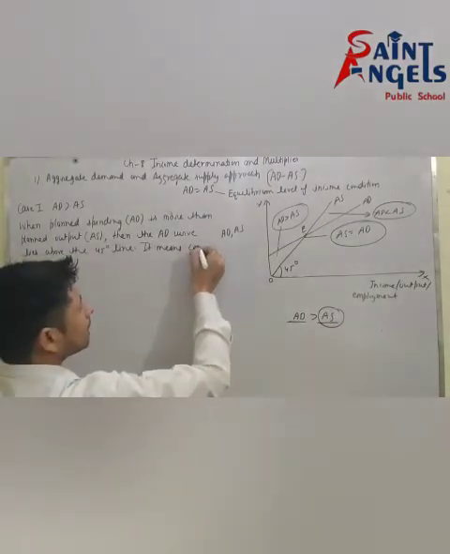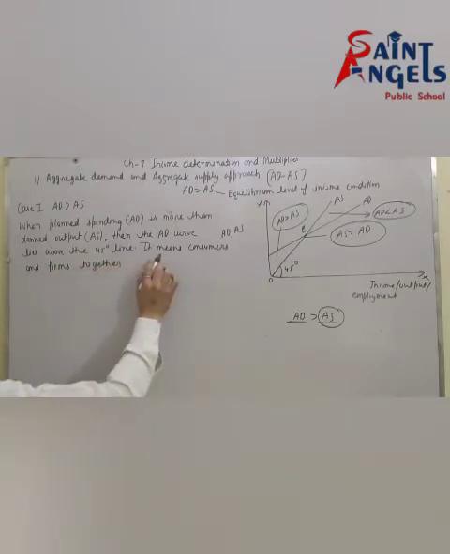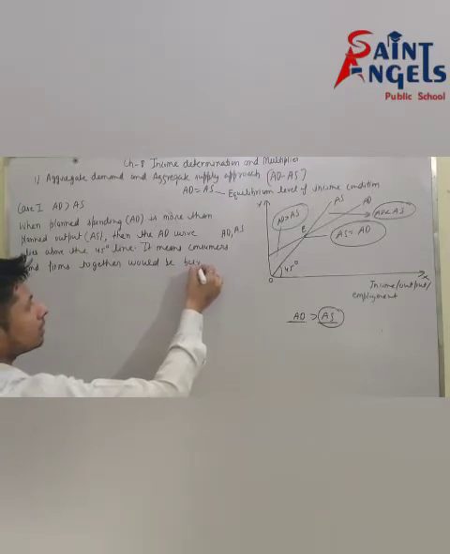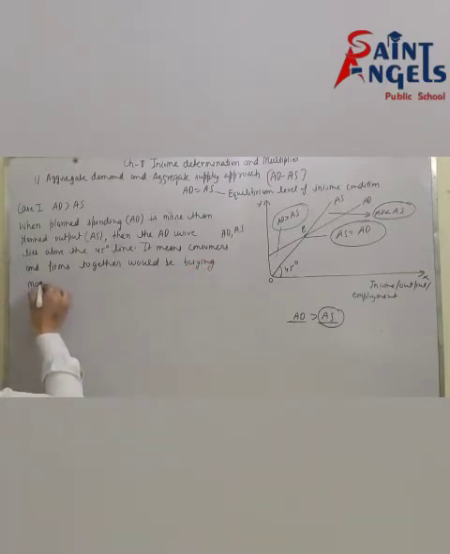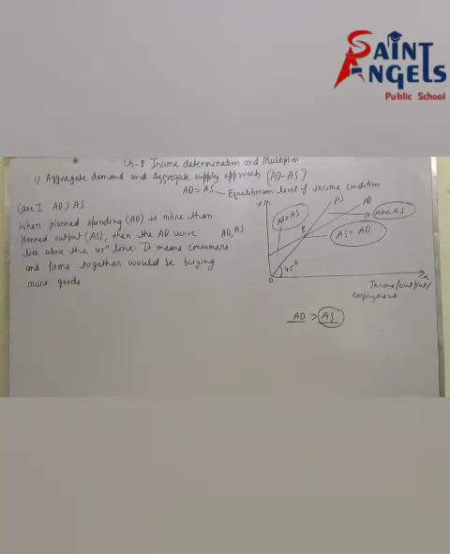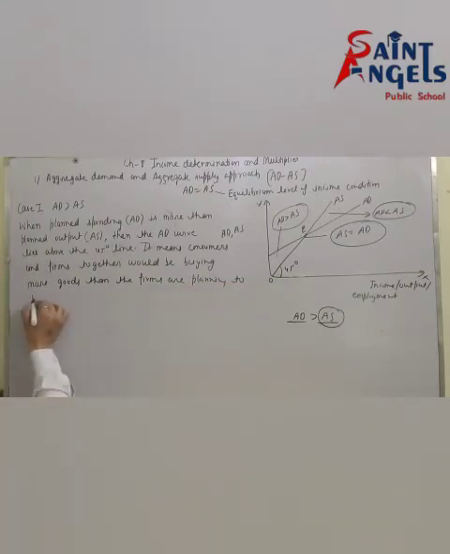It means that consumers and firms together would be buying more goods than the firms are planning to produce. See, please try to understand.